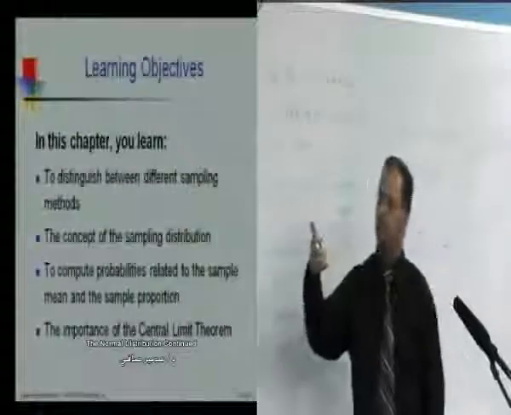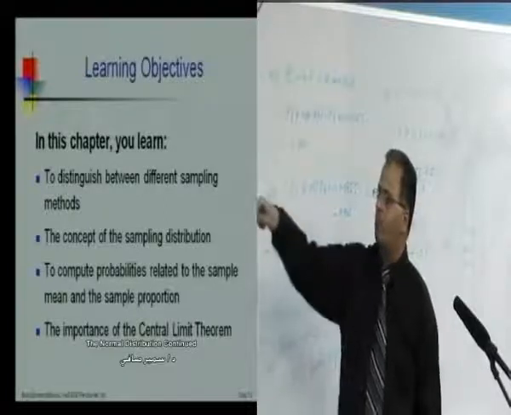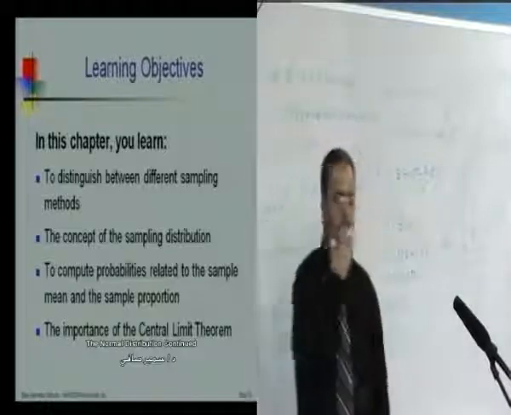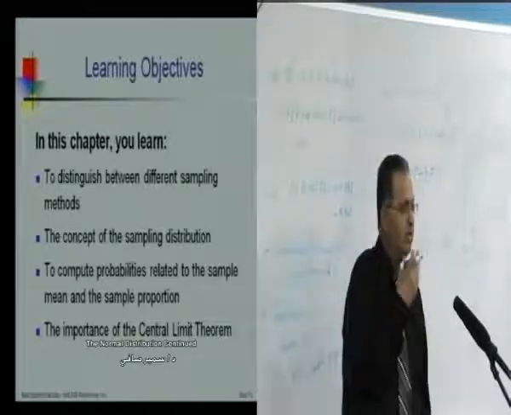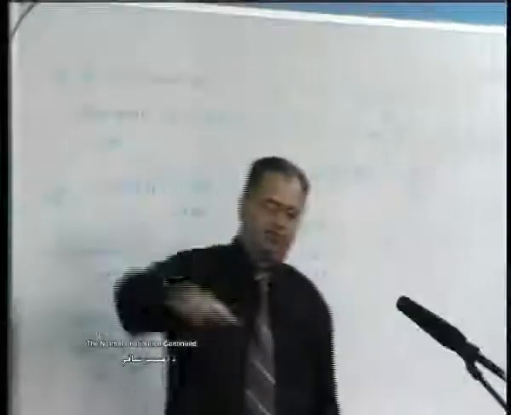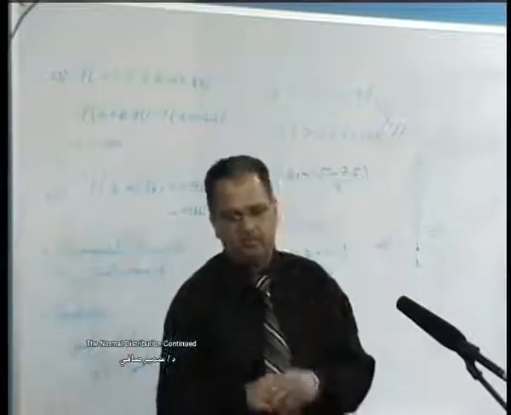The last objective for this chapter will be the importance of using something called the central limit theorem. Under specific conditions, we'll know how to use this theorem. So these are the four main objectives for this chapter.